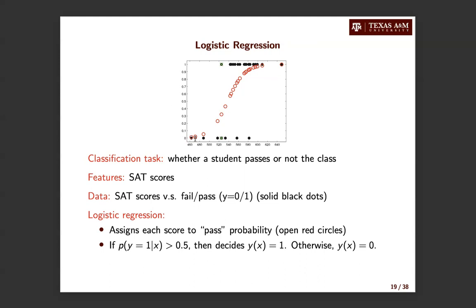Now, based on this logistic regression model, if we have a 0.5 threshold, students whose SAT scores correspond to this 0.5 threshold, which is mapped to an SAT score of 540, will pass the class, and the rest would not pass the class.